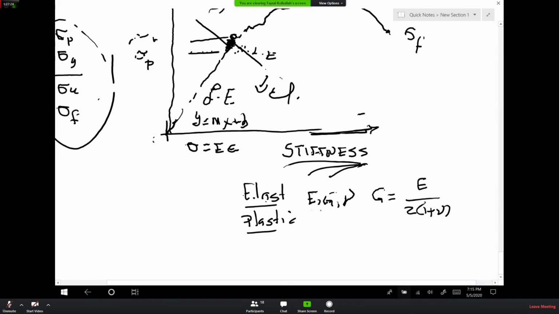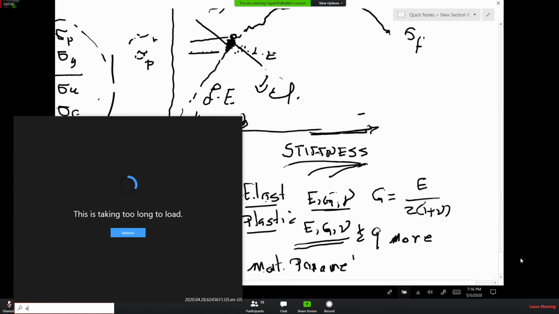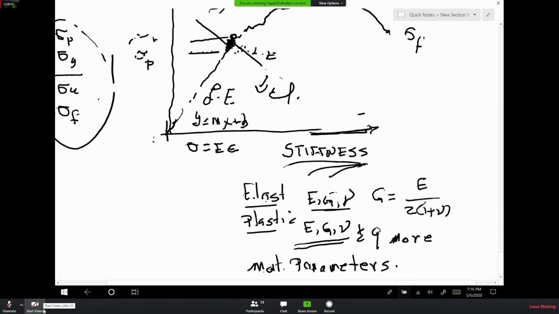Then I have here the E and the G and nu for elastic, and then 9 more material parameters. So there is like 12. All that is under the title of stiffness.